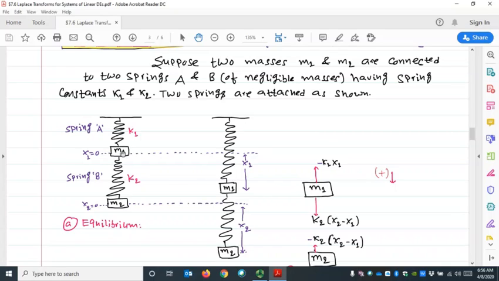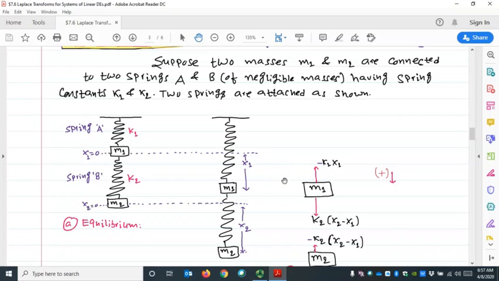And on the bottom of that weight, another spring B is attached, and at the lower end of spring B, weight M2 is attached. K2 is the spring constant of spring B, K1 is a constant for spring A, and at the equilibrium positions, here is no displacement, x1 is 0, x2 is 0.